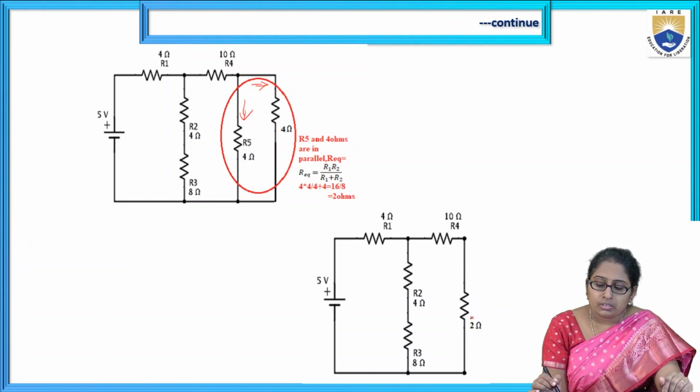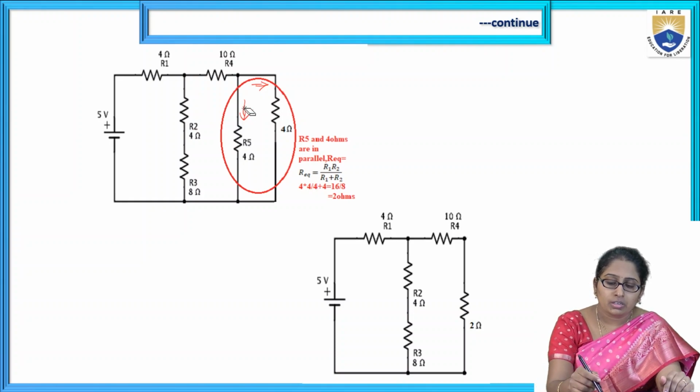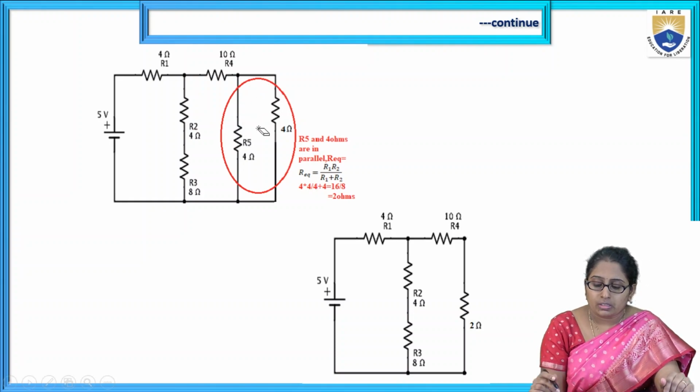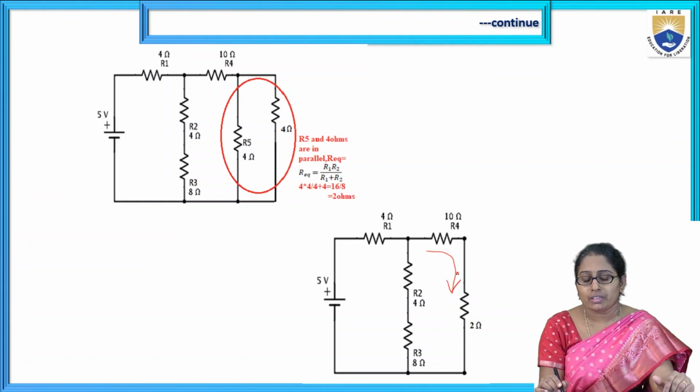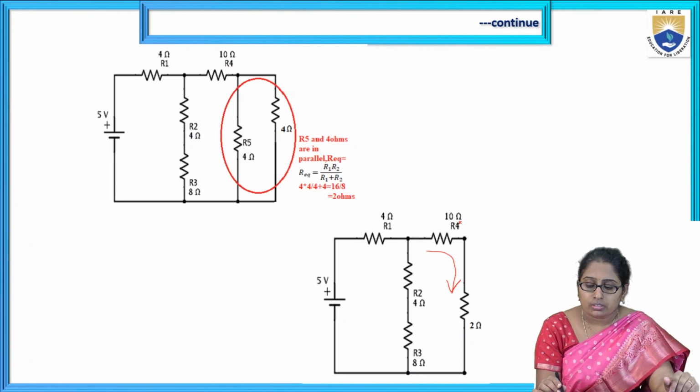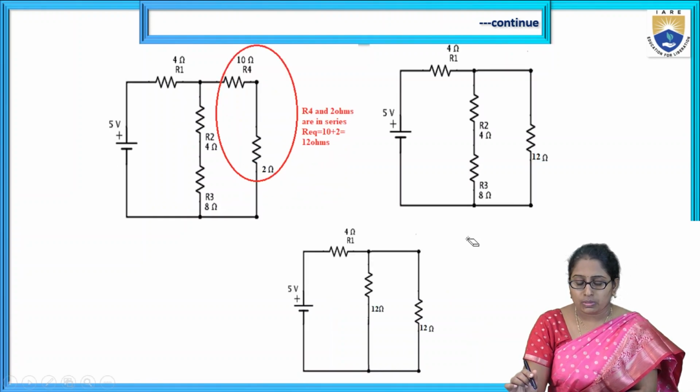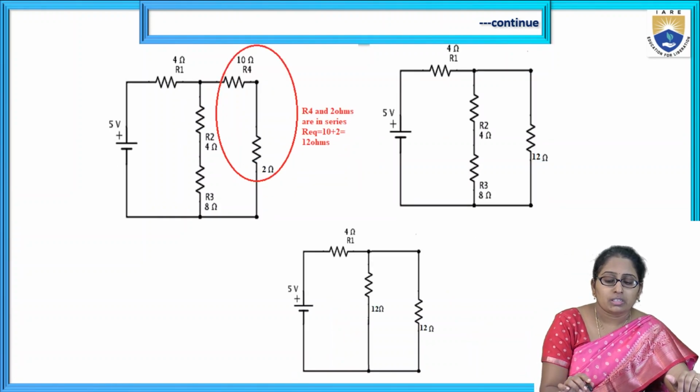Now what can we do next? You can see from the circuit that this 2 and this R4 are in the same path. The same current flows, so they are in series. So R4 and 2 ohm: we can replace those two with 10 plus 2, since they are in series.